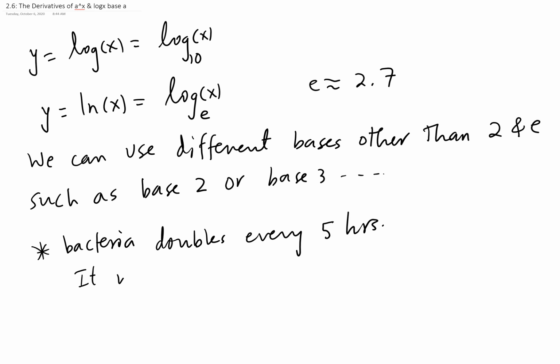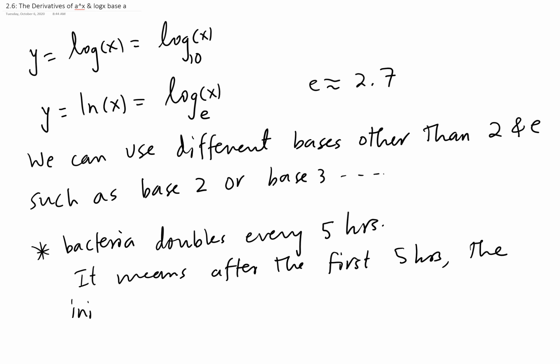It means after the first 5 hours, the initial population of the bacteria, let's call it p sub 0, will become 2p sub 0.